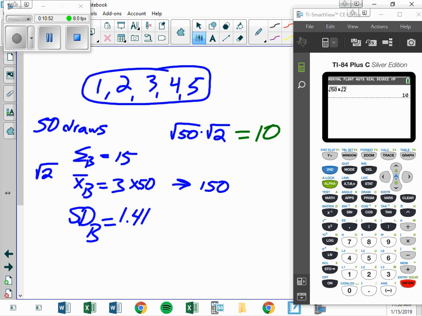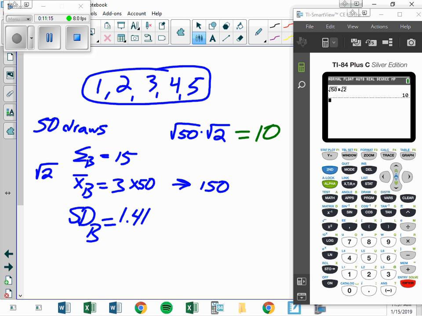That's totally possible. What if I got 160? Is that likely? That's still pretty likely. What about 165? Now I'm 1.5 SEs away. It can still happen. What about 170? No, that's pretty unlikely. What about 180?